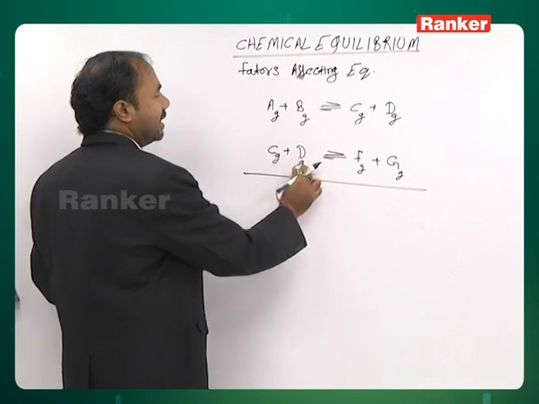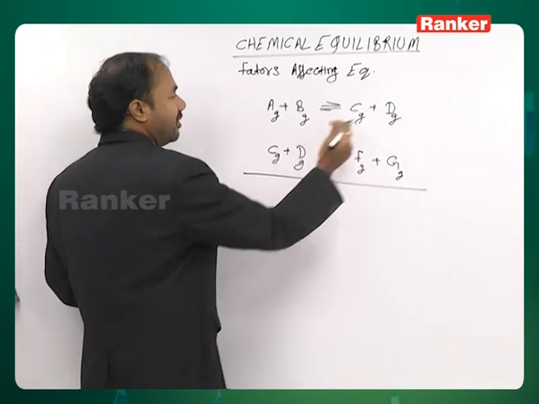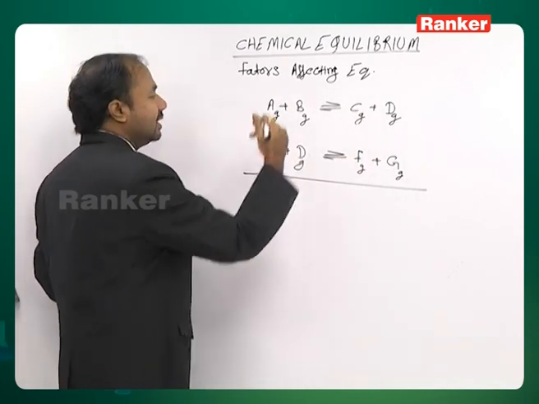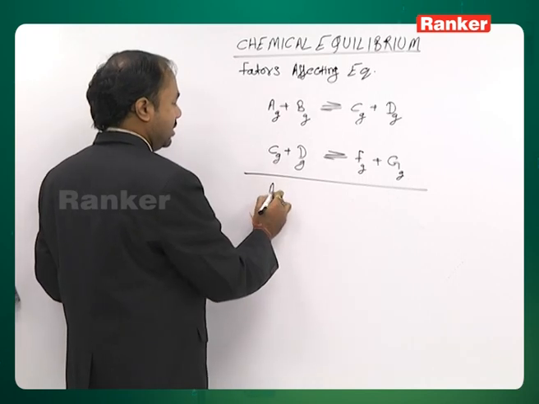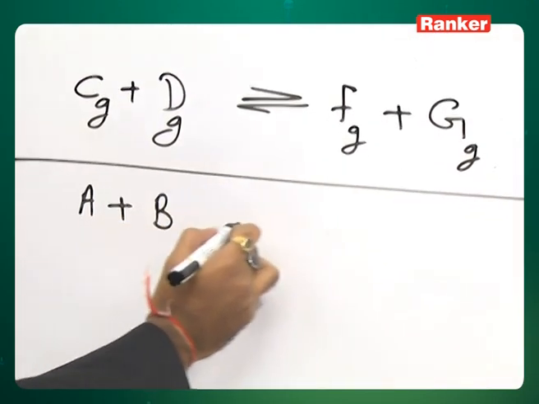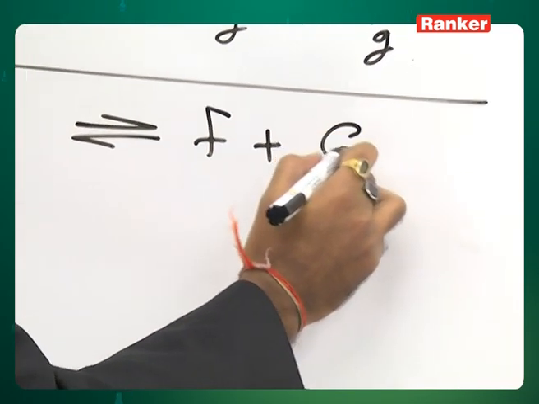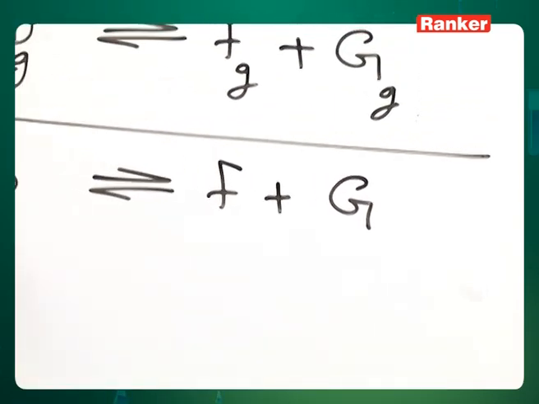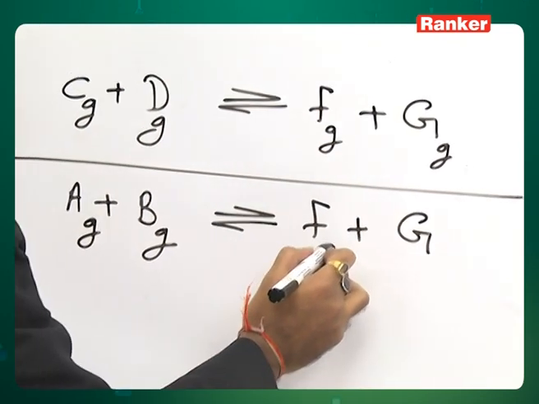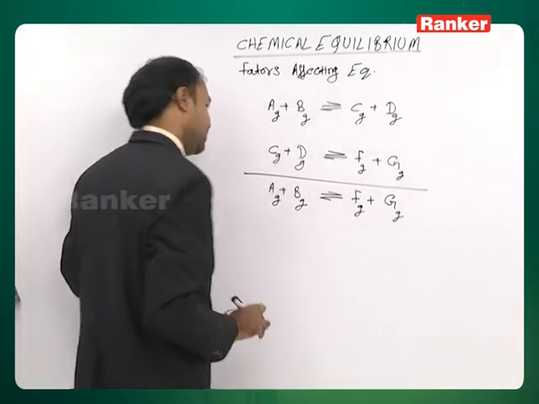C and D will get cancelled because of being common, one side product, one side reactant, and the net equilibrium will be A plus B in equilibrium with F plus G. Again, all will remain in gaseous phase only, like this.